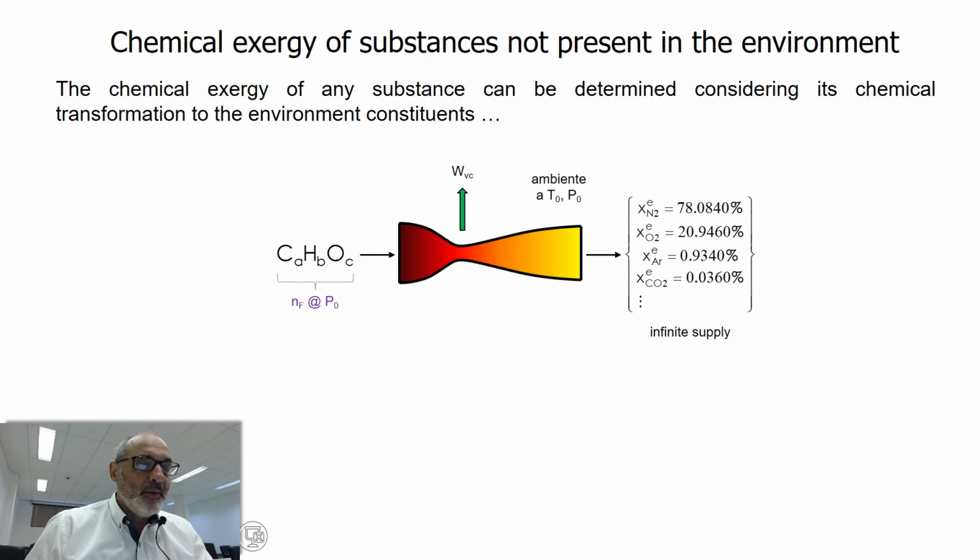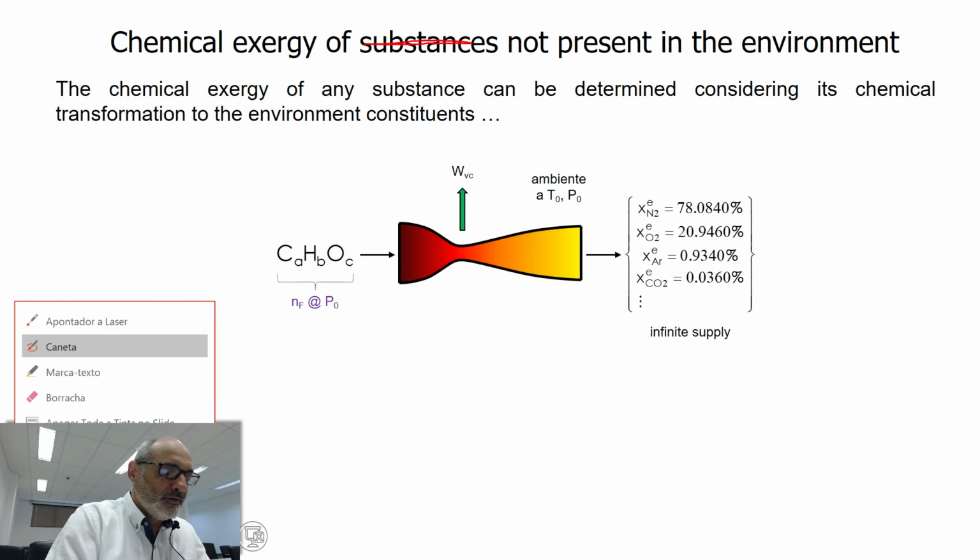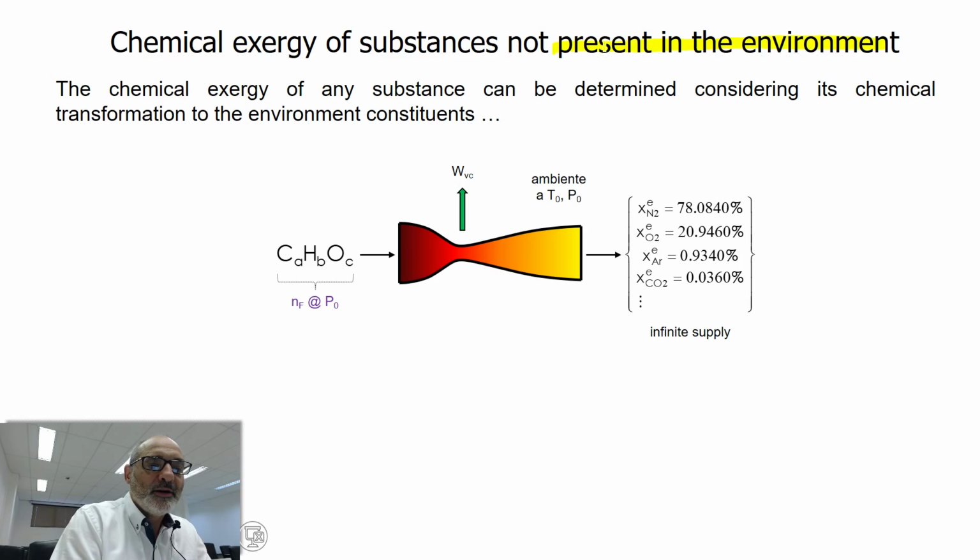Now remember, I'm dealing with chemical exergy, and we had two possibilities, with or without chemical reactions. Now we did all analysis without chemical reactions. Now let's try to assess the chemical exergy of a generic substance that is not present in the environment.